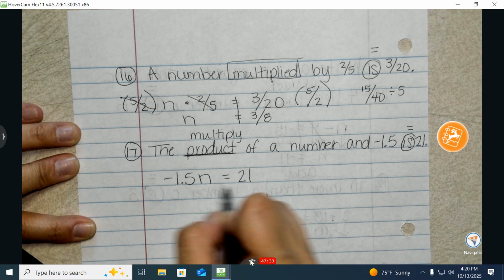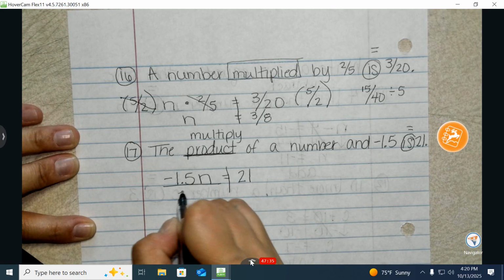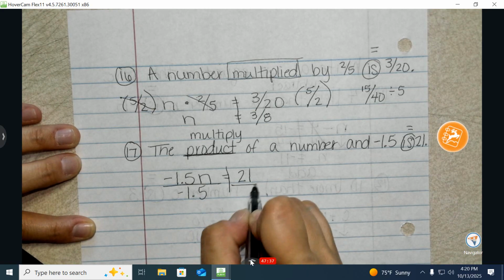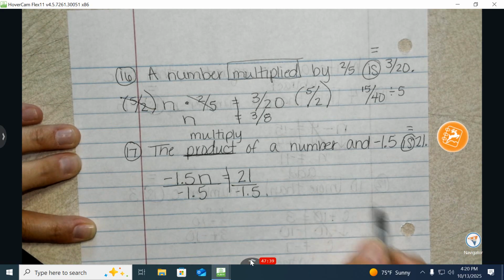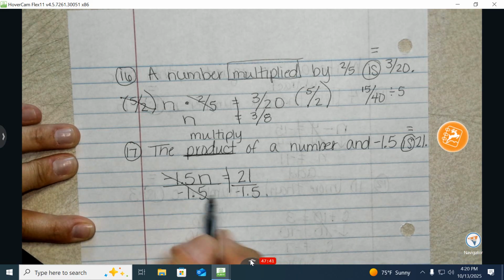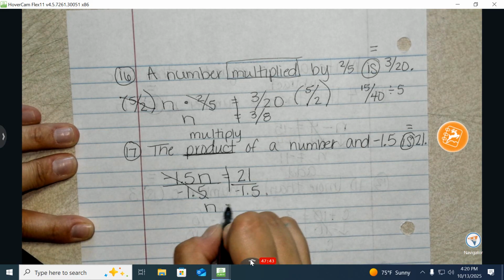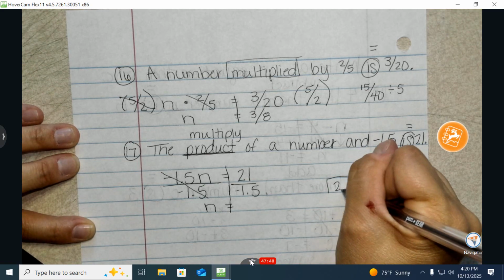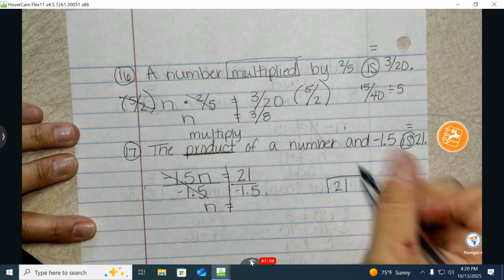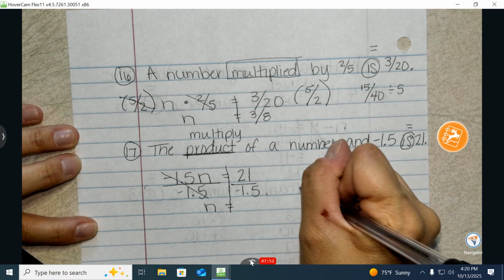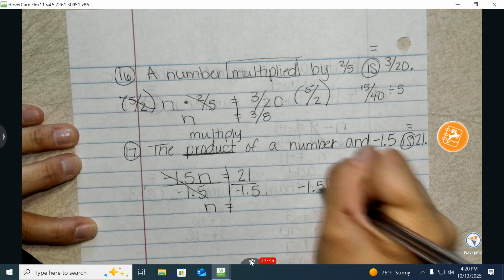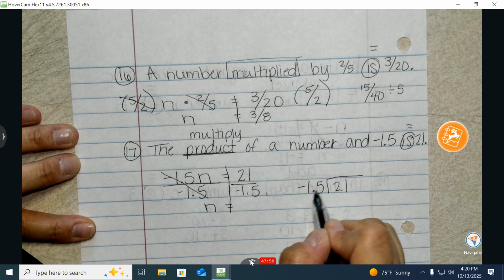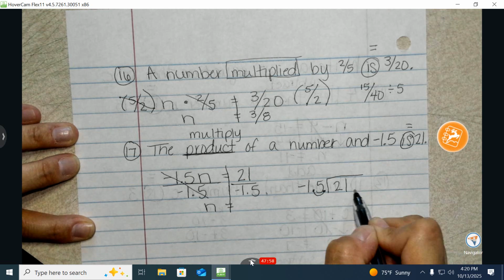The inverse of multiplying is to divide. That makes 1. So n equals 21 divided by negative 1.5. You have to come over here and do the math, 21 inside the box, because it's listed first. You cannot have a decimal on the outside, so you have to move it once.